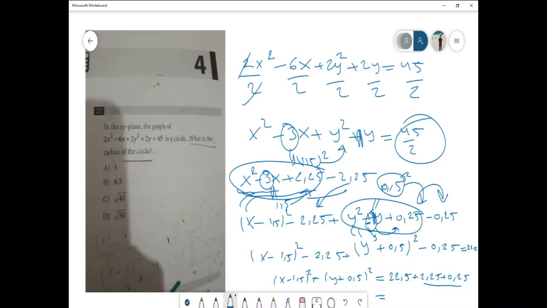Add it and subtract it. When you add it, you make a complete square, which is this one, and you subtract it from here. The half of 1 is 0.5. Squared, it is 0.25. You add it and you also subtract it. And this will make a complete square, which is y plus 0.5.